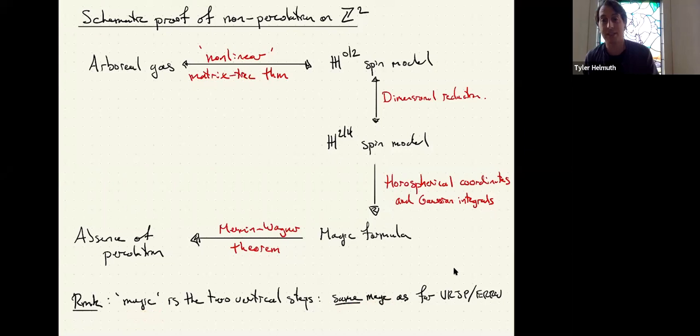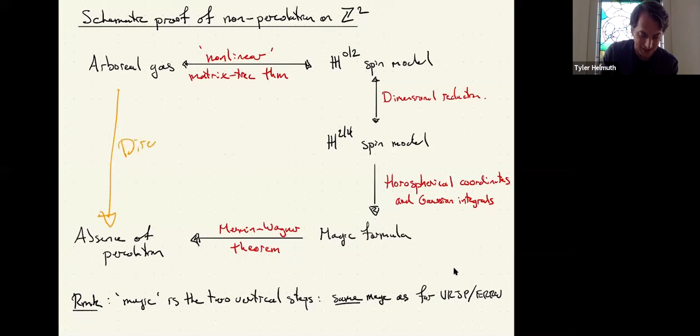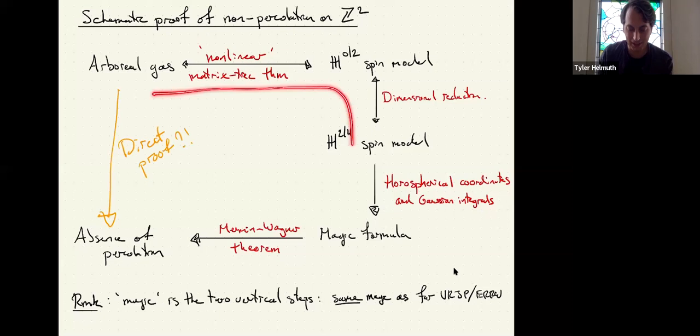I think from this sketch, you'll now believe my initial claim that our proof is somewhat indirect. So this is the challenge: how do you avoid doing this and instead do this?